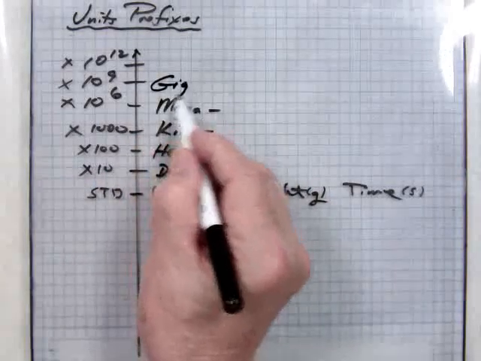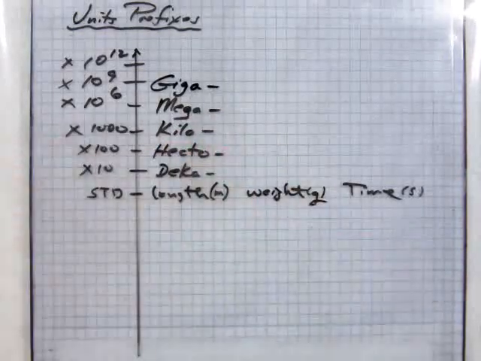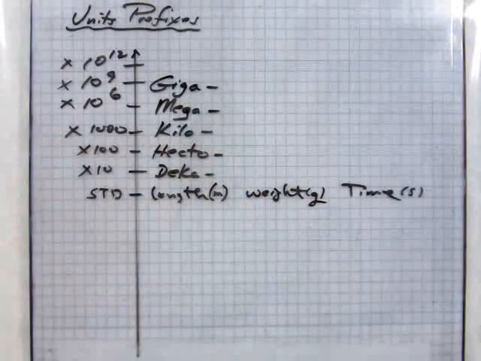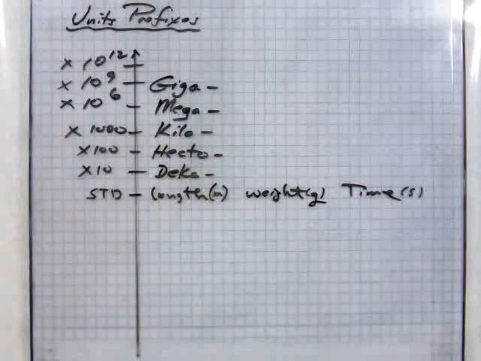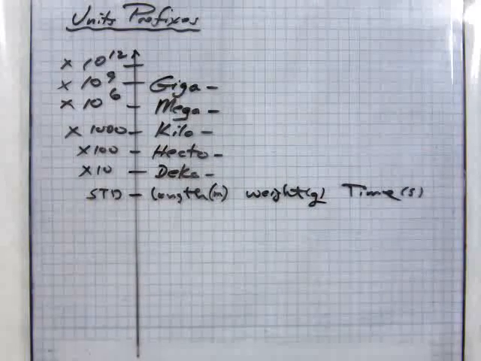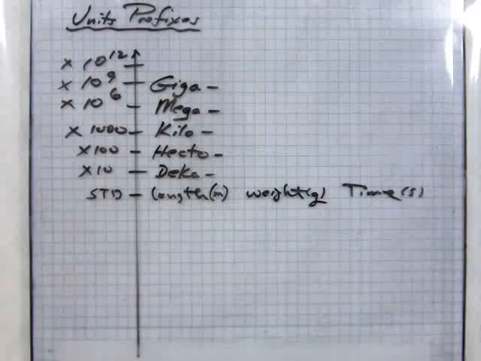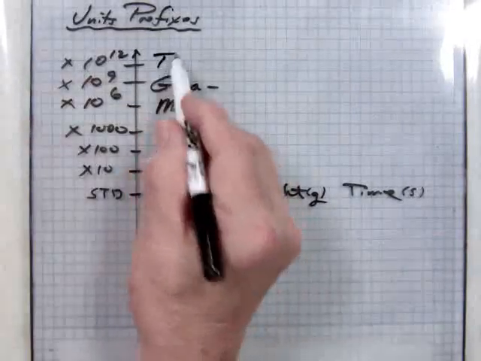Giga, gig. If you're talking about a computer storage device, usually they're defined now in some of the larger ones in gigabytes. Now I've got a 5 terabyte system that went south on me, but this is what it means.